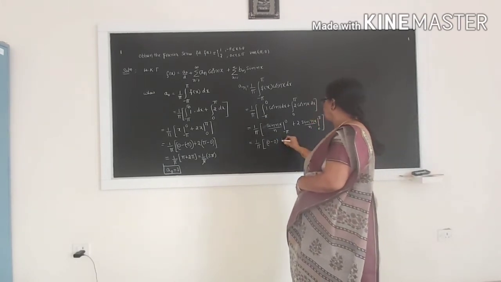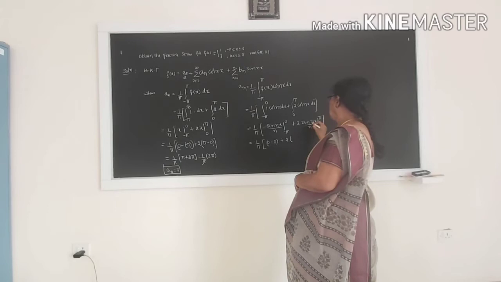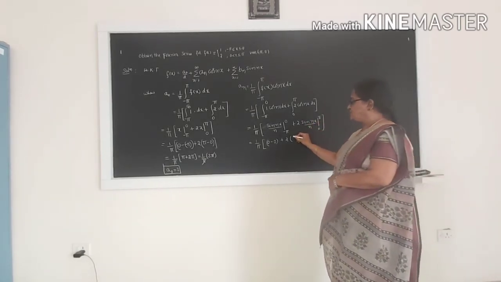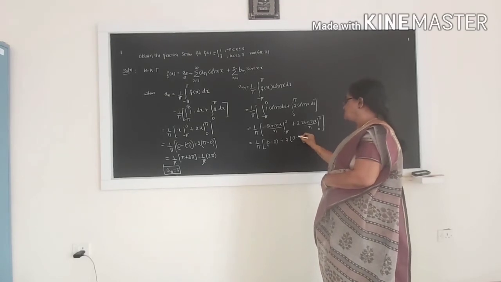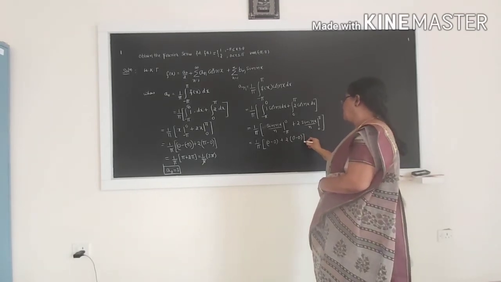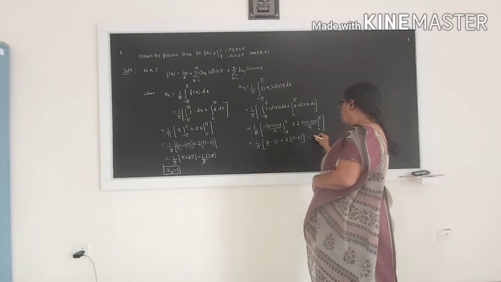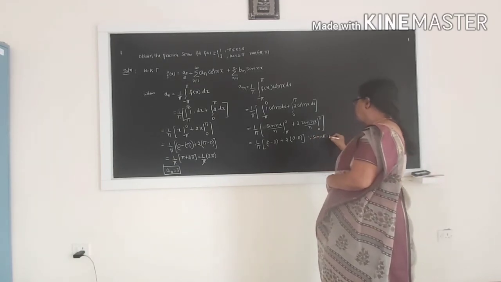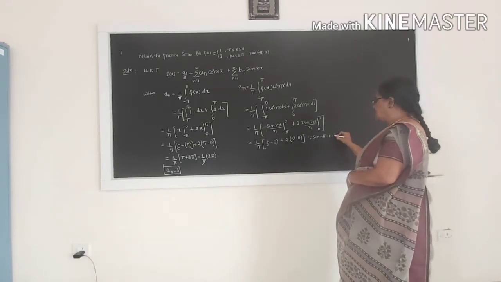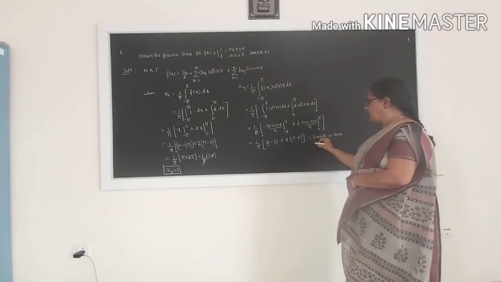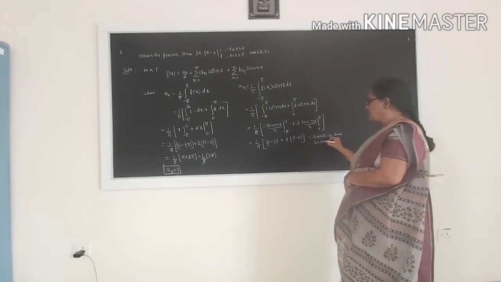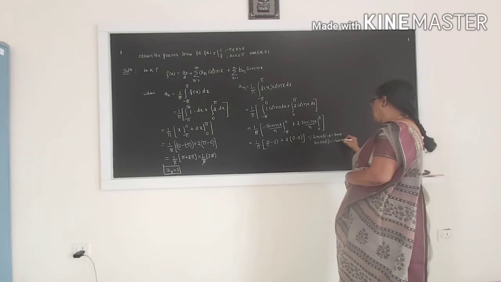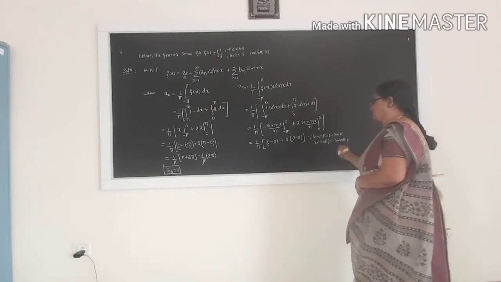Plus 2 times, again for the same reason, 2 times sin of n pi is 0, and sin of 0 is 0. Therefore, sin n pi is equal to 0, which is equal to sin 0, and sin of minus n pi is equal to minus sin n pi, which is equal to 0.